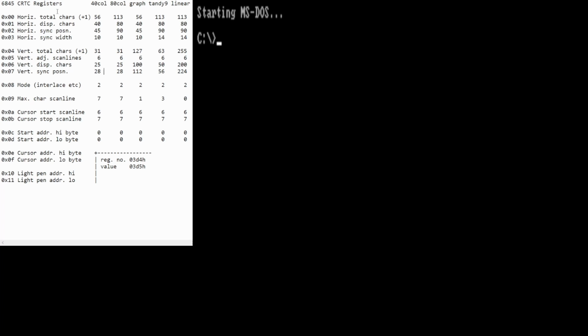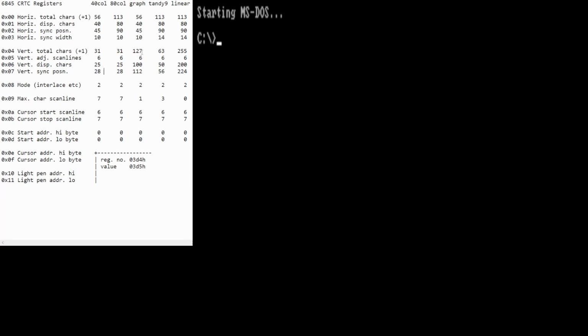Now, one way we could fix this is to put a value of 0 here for the maximum character scan line. That would give us 1 scan line per character, which would mean that these CRTC addresses would be updated every scan line on the screen instead of every 8. But this doesn't work in practice because the CRTC can't count to a sufficiently high number of character rows.